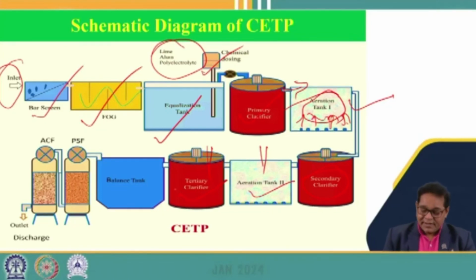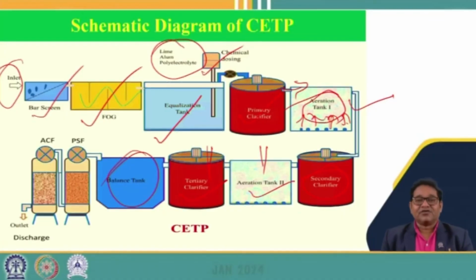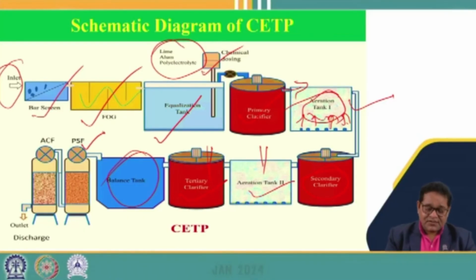And then finally this entire treated water is taken to a balance tank, from where it goes for the advanced and tertiary treatment process, where there are pressure sand filters.